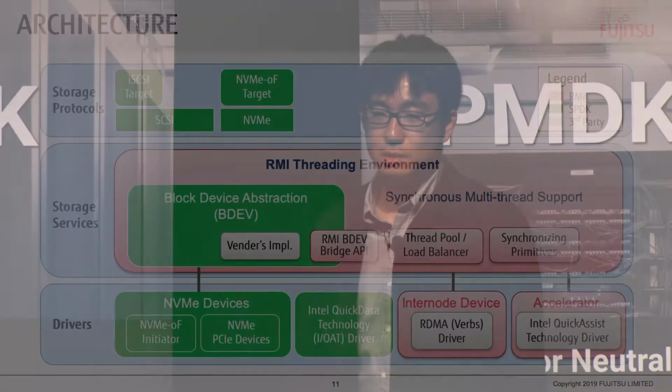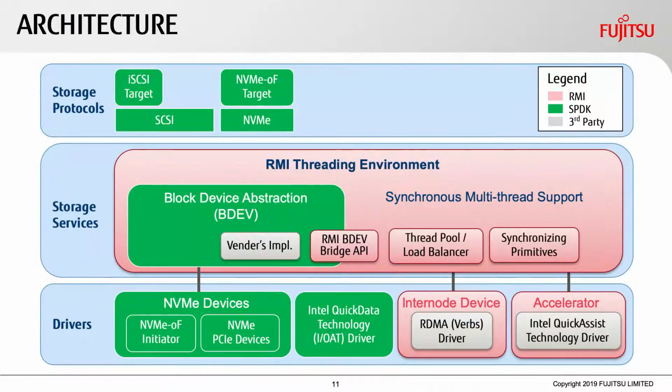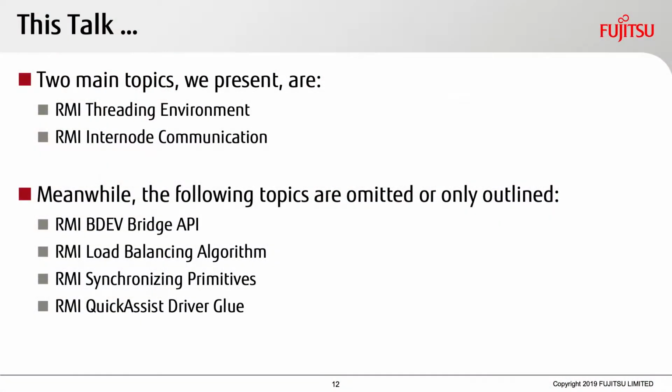Due to the time limitation, we've omitted several things like the RMI BDEV bridge API, details of the load balancing algorithm, RMI synchronizing primitives, and QuickAssist accelerating drivers. If you have any questions about the details of these topics, please ask me later or send an email to the address. I'm going to explain the RMI threading environment and show some evaluation results.